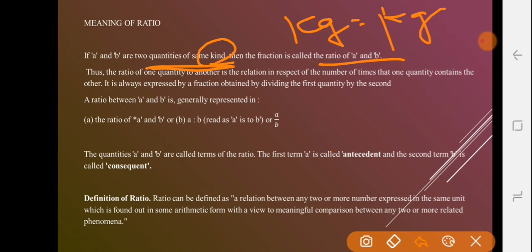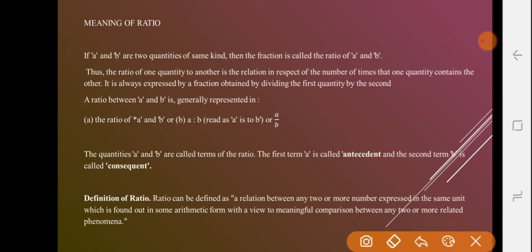In the continuation part, they are saying ratio is one quantity to another in relation, in aspect of the number of times that one quantity contains the other. It is always expressed by the fraction obtained by dividing the first quantity by the second one.